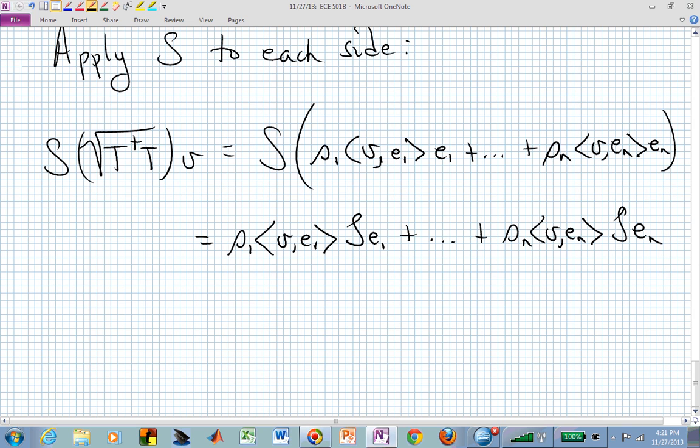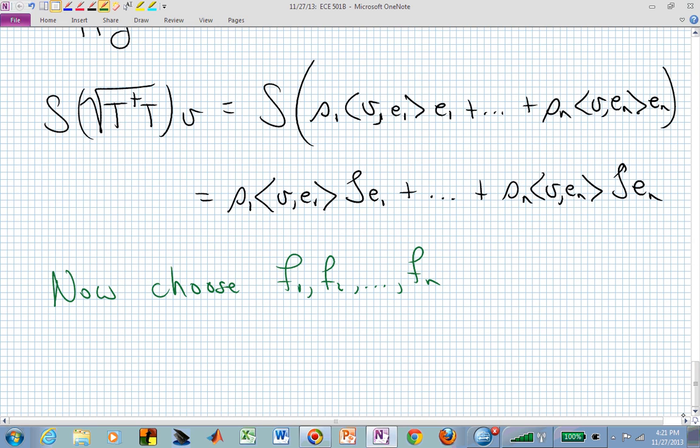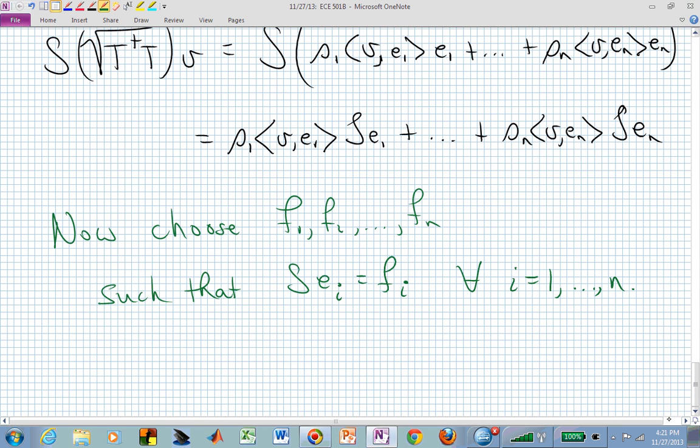Let me now just define, or choose, these f1, f2, through fn such that S e sub i is equal to f sub i for all i equal 1 to n, whichever way you want to write it.